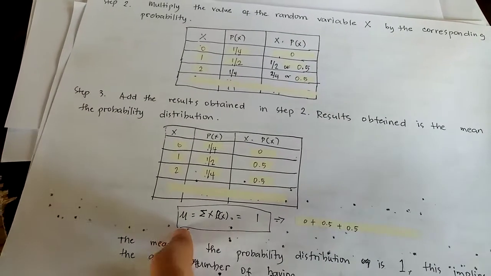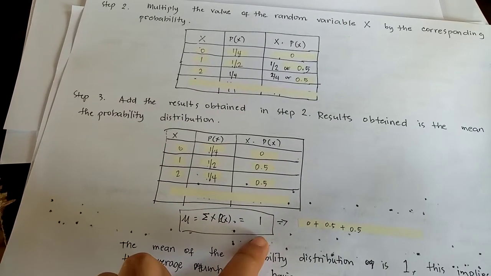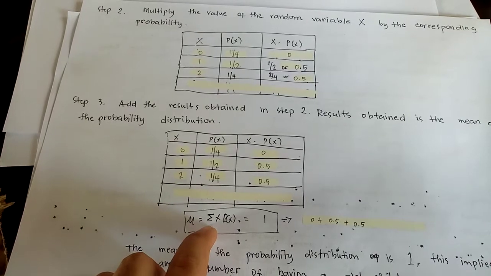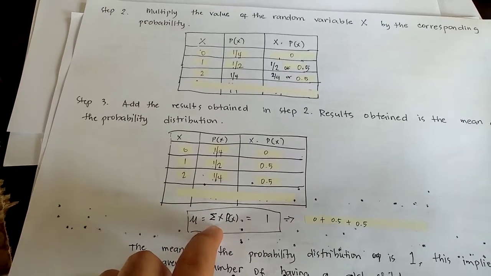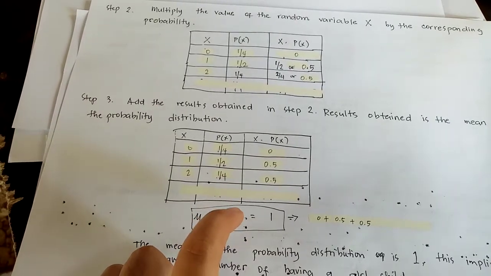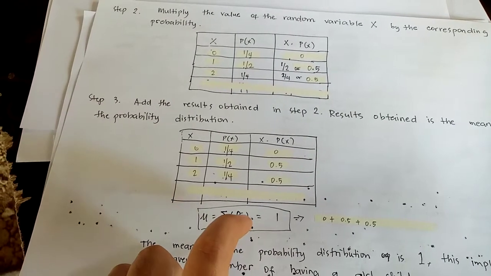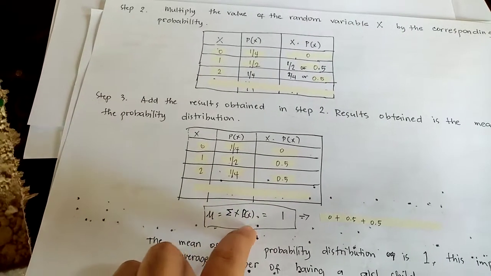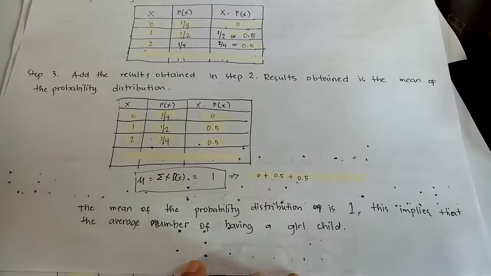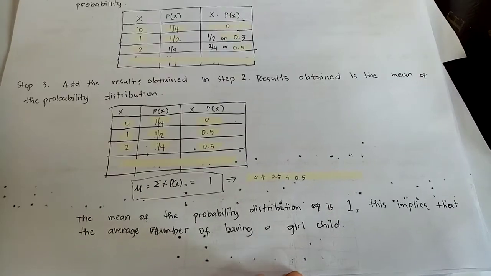So, ito na po yung value ng mean, which is, ito yung symbol, and the formula is the sum of random variable x times the probability of x. So, the mean is 1. So, the mean of the probability distribution is 1.